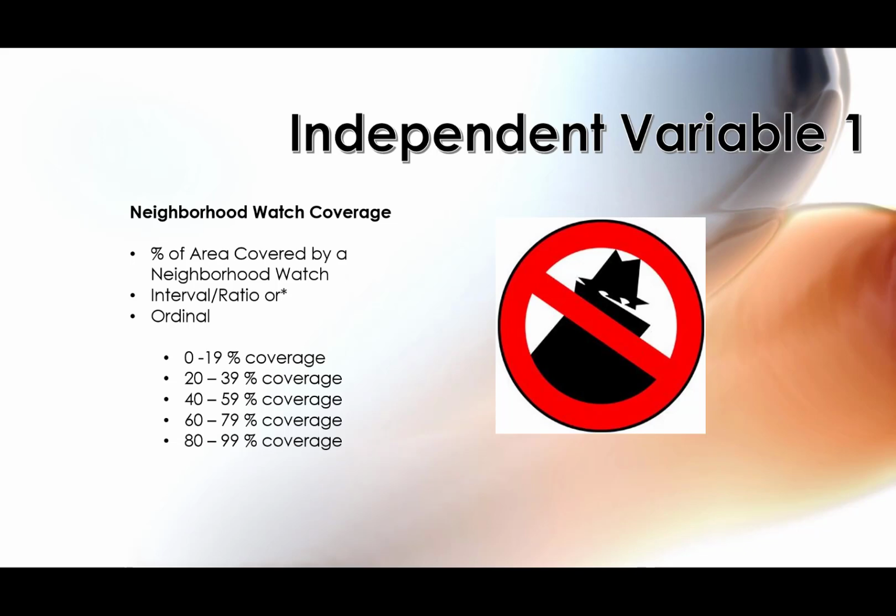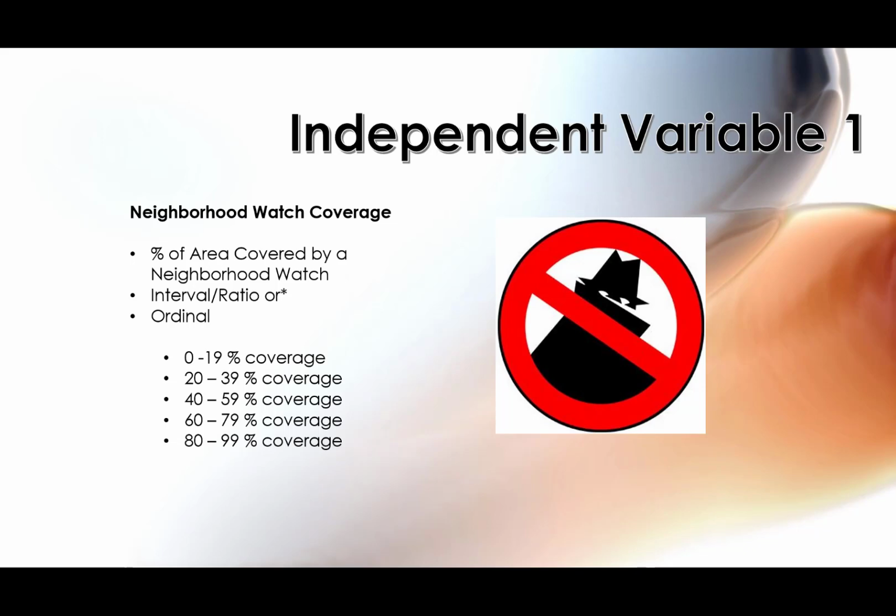Now, depending on how this information is gathered will determine whether this is an interval ratio or an ordinal variable. I know that the city keeps records of each of its neighborhood watch groups, but I'm not certain how good those records are.